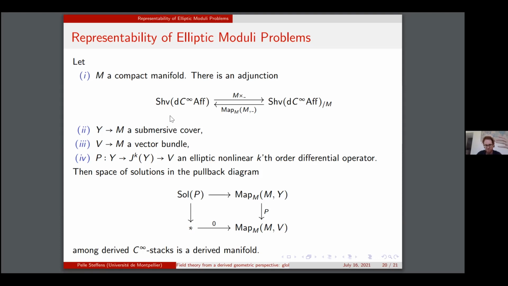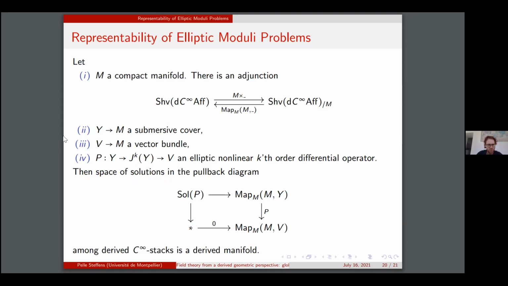You just find an open cover by things that locally look like R^n. And this is an instantiation of that philosophy, that you promote property over structure. Well, from a certain perspective.